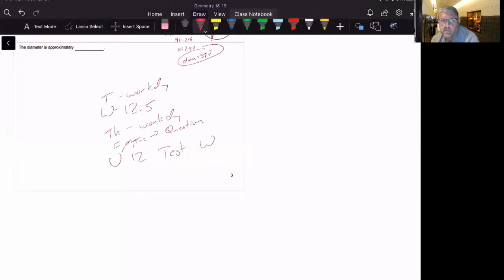Log in, ask questions. If the times I posted for some reason don't work, because I've been putting 8:30 and 9:30, mainly because we're supposed to stick to this 7-period normal day schedule. So this is kind of the end of first and goes into second period. 9:30 is kind of the end of second period and goes into third period.